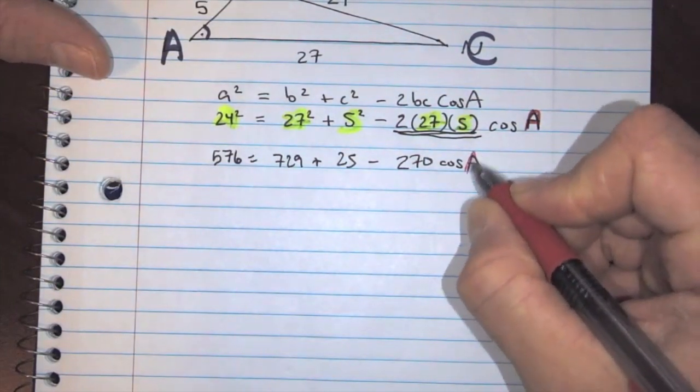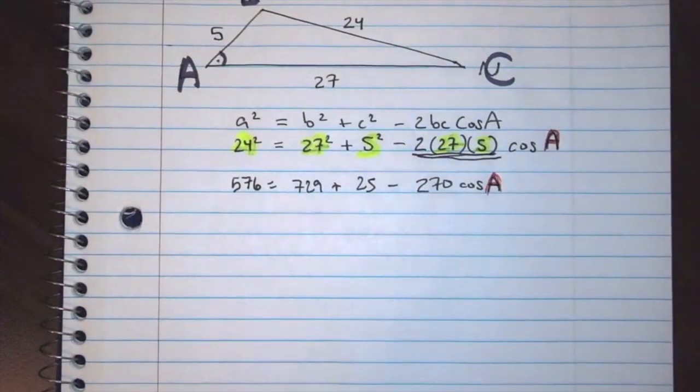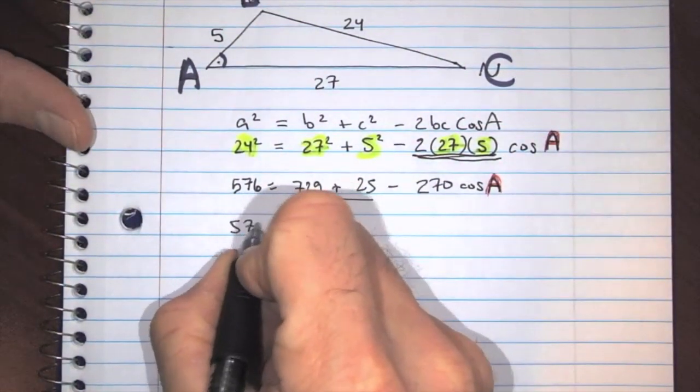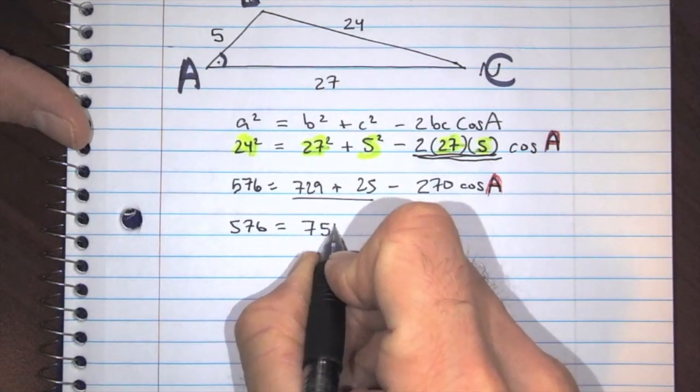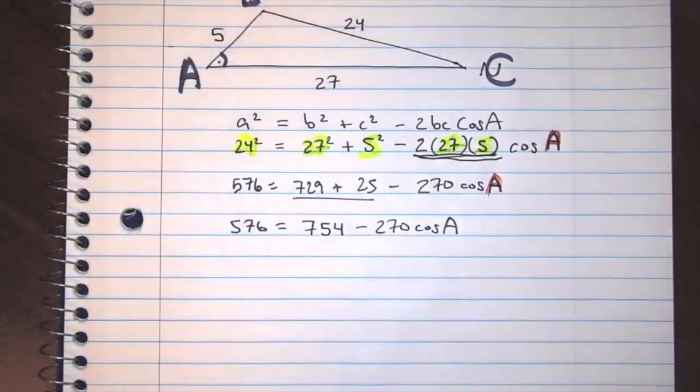This is where we're going to end today. We're going to finish this problem, I'll get you the homework, and I'll say adios. We can still combine like terms. So 576 equals 729 plus 25, what is that, 754, minus 270 cosine big A.